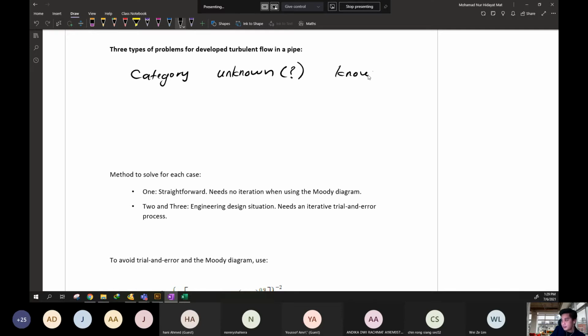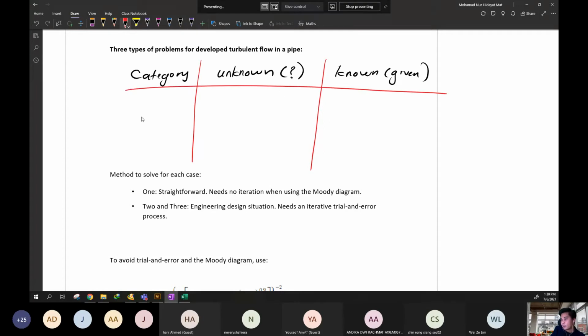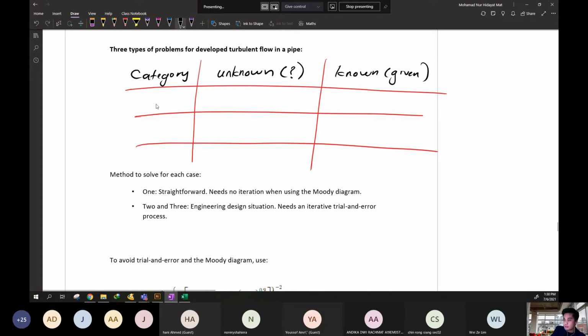It is given in the question. So we have 3 categories or 3 problems. The first, the question asks to find the head loss. Given Q, the flow rate, the diameter, the roughness height, and the velocity.